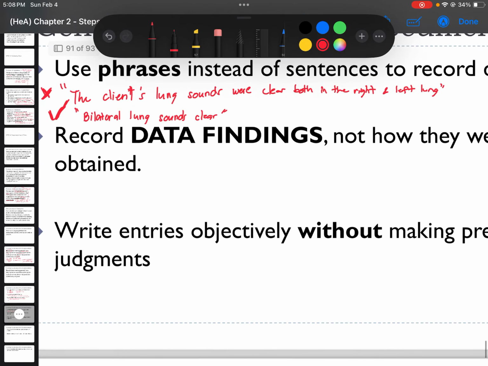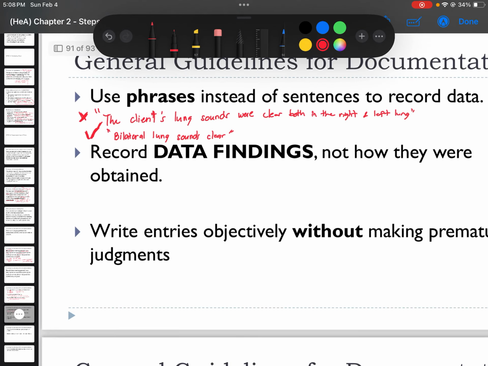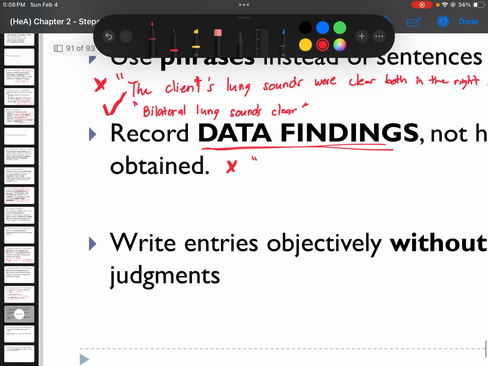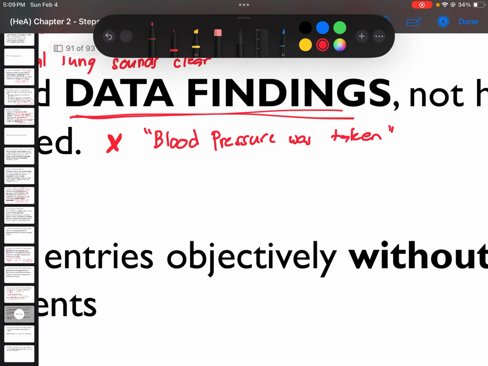Next is record data findings, not how they were obtained. What we mean by that is something like this. Instead of saying blood pressure was taken, do not say that because that is inconclusive.